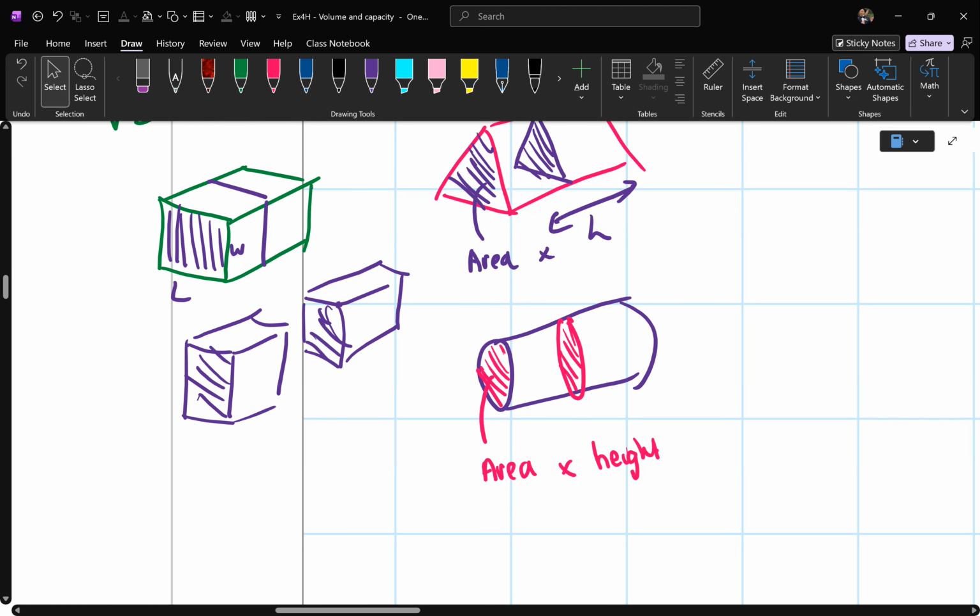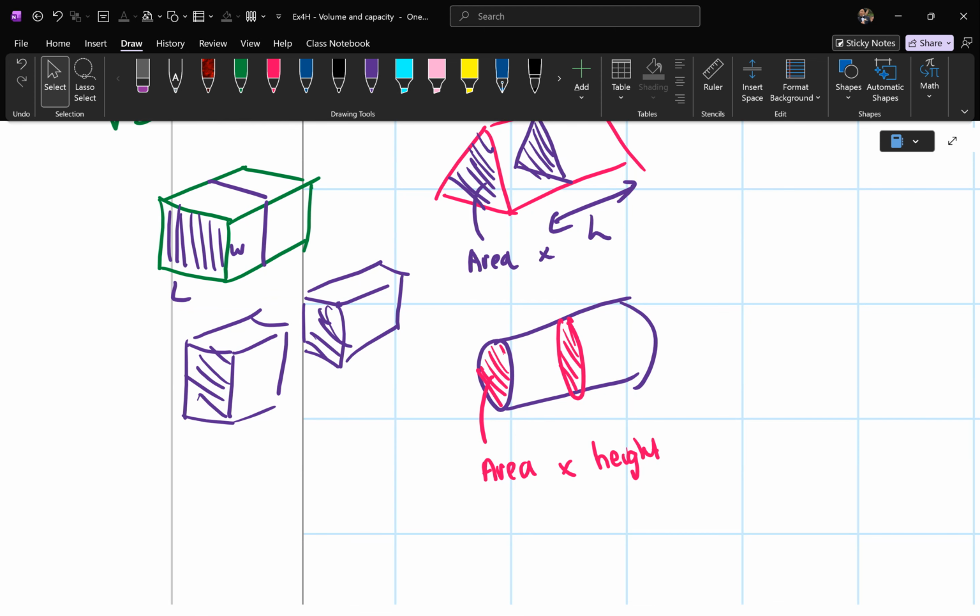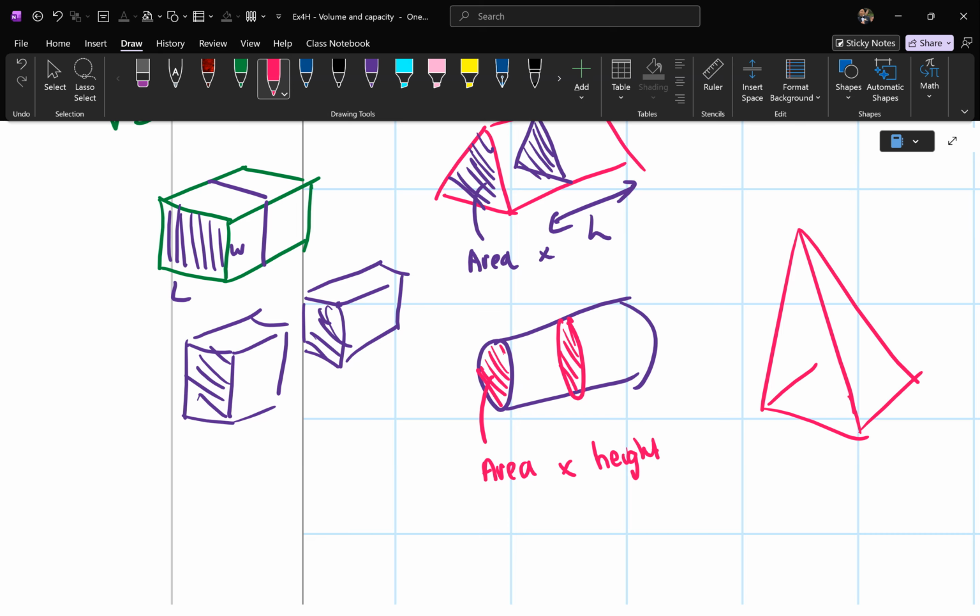That means they all have to have a cross-sectional area. What shape that you learned back in primary school that's 3D doesn't have a cross-sectional area? Yeah. See, a pyramid. Even if I drew a square-based pyramid, the square on the bottom is not the same square even if I cut it this way.